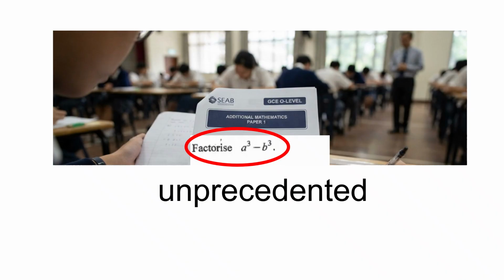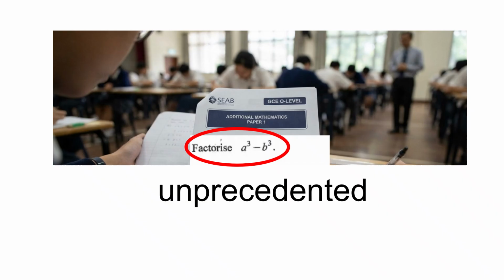Make no mistake, question 3a was a massive surprise when it dropped in the 2025 exam. Why did it catch so many students off guard? Not on the formula sheet. As mentioned, SEAB doesn't provide it.